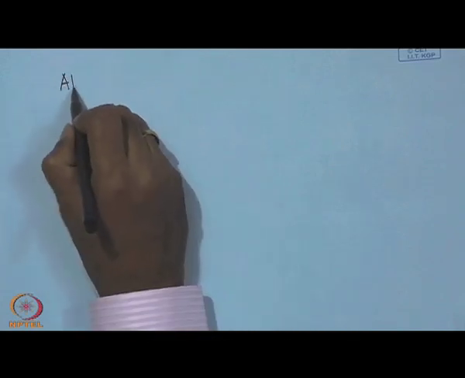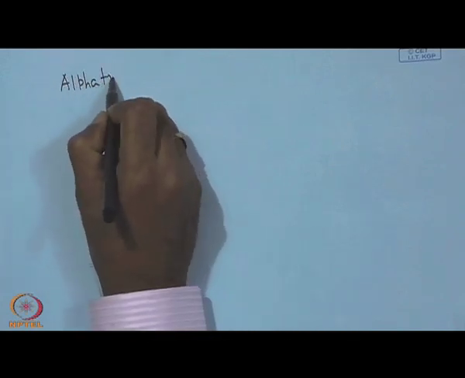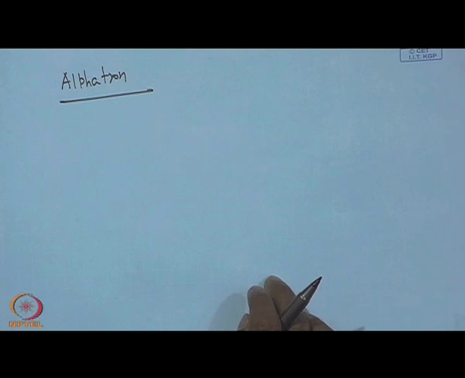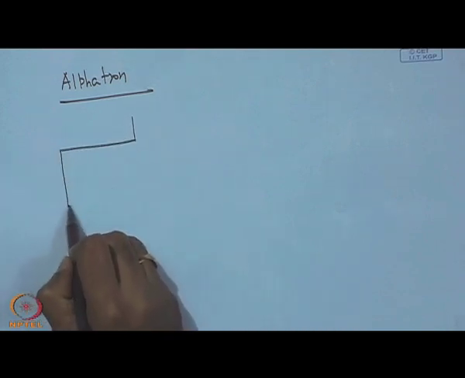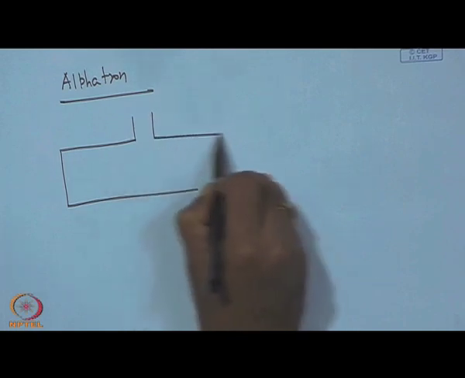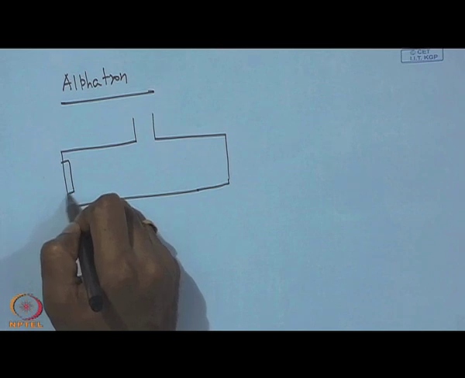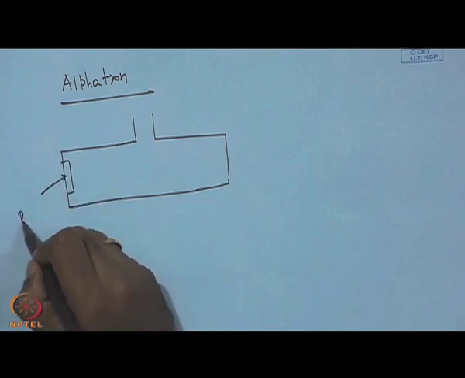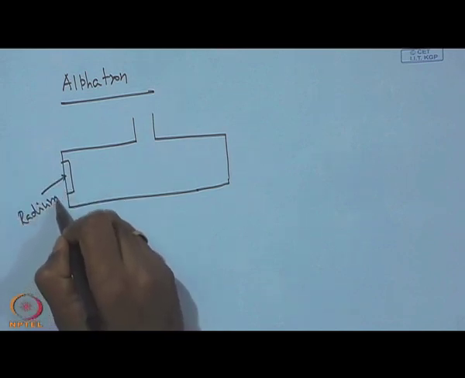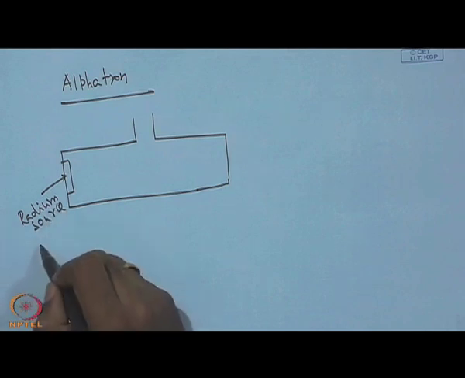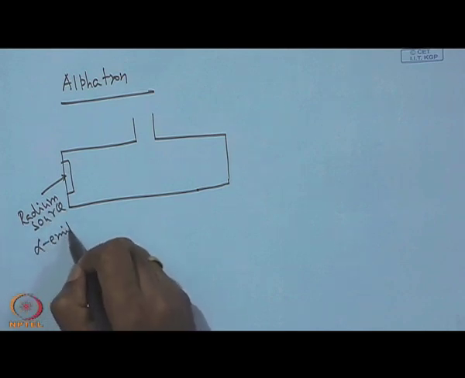The third variant, which is an alphatron, uses a suitable alpha emitter. So, let us say we have a radium source here as alpha emitter.